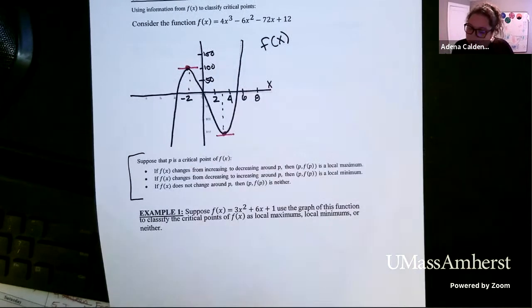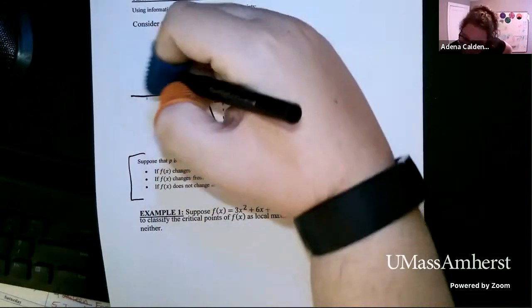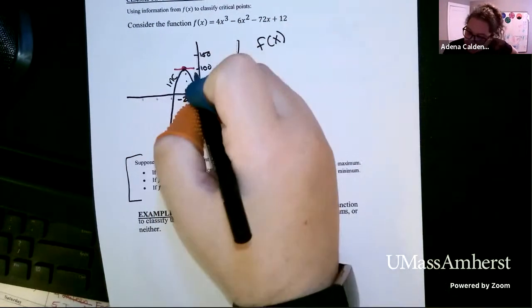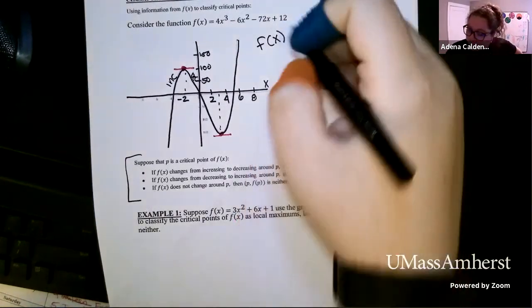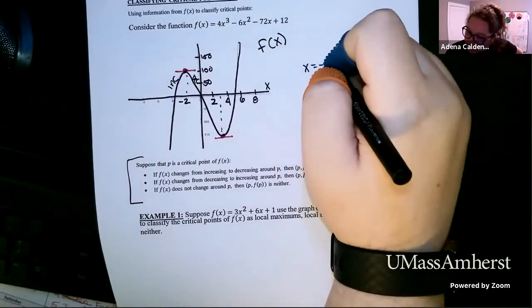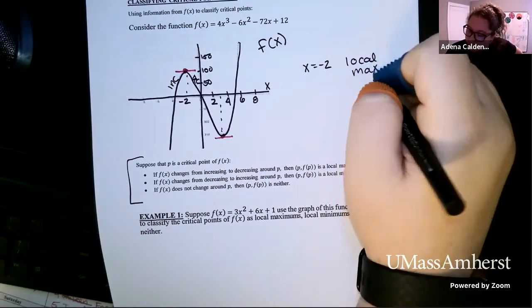And so what we're saying is, okay, at -2, I'm increasing first and then decreasing after my critical point. I'm going up and then down. So x equals -2 is going to be a local max.